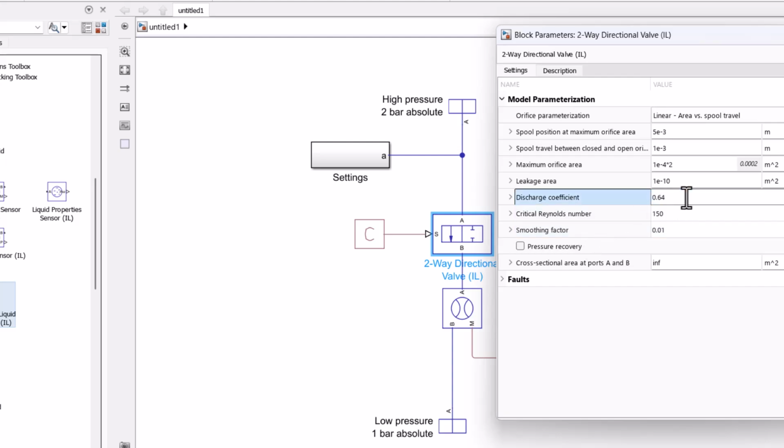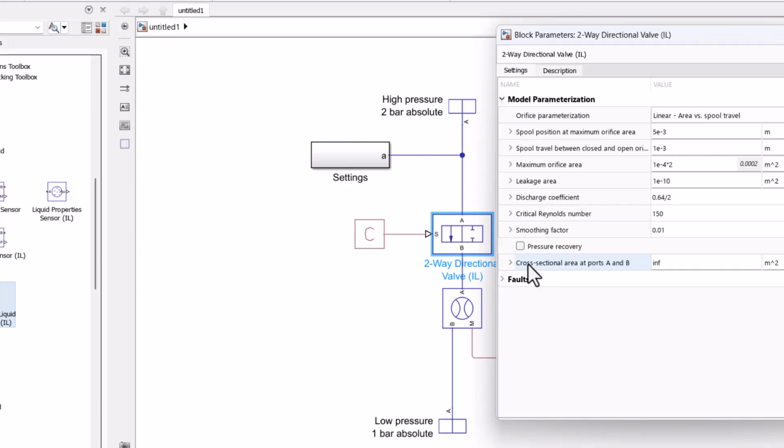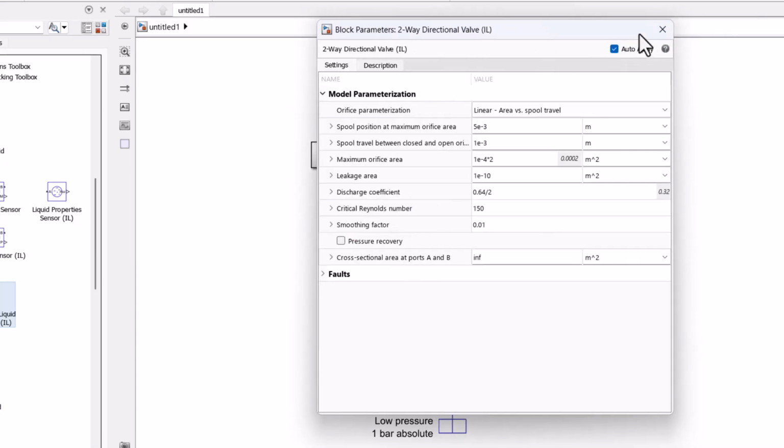And if I divide the discharge coefficient by 2, the flow rate is going to be divided by 2 too. And you may want to play with the cross-sectional area at ports A and B, just to see how this is going to affect the hydraulic resistance of this component.